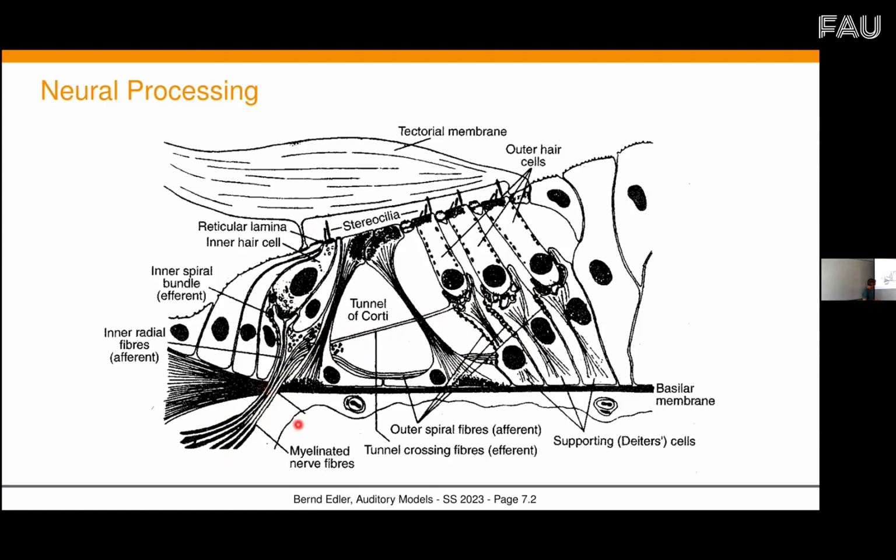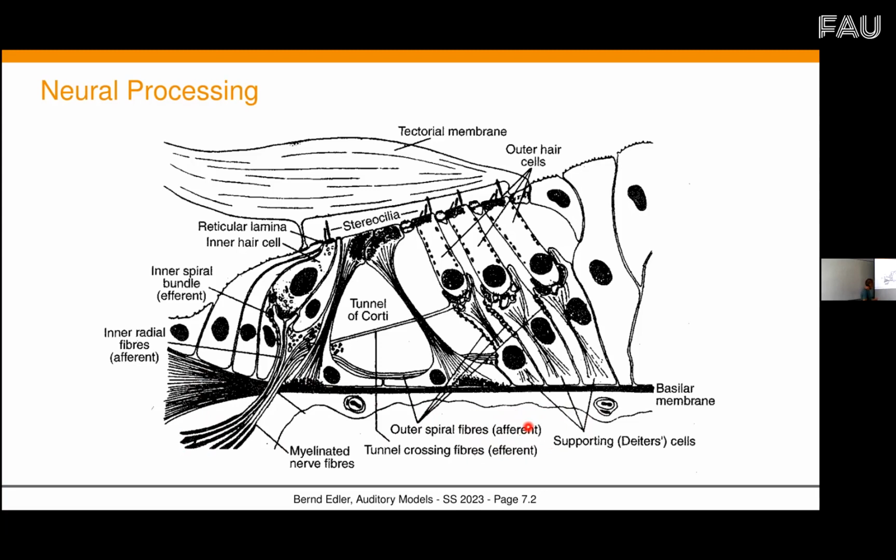One is called afferent, and the other one is called efferent. This comes from Latin. A lot of medical words are from Latin. Afferent means ad ferre, that means it carries something to somewhere. And efferent means ex ferre, means carrying away from.